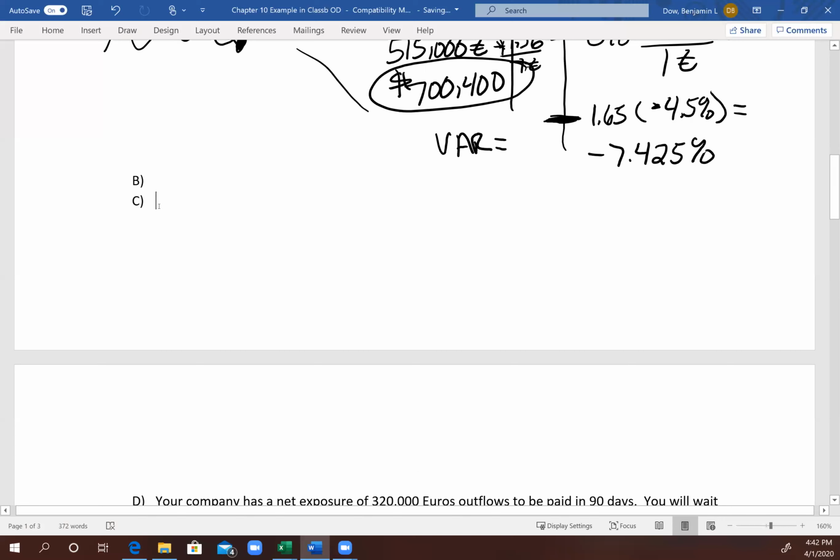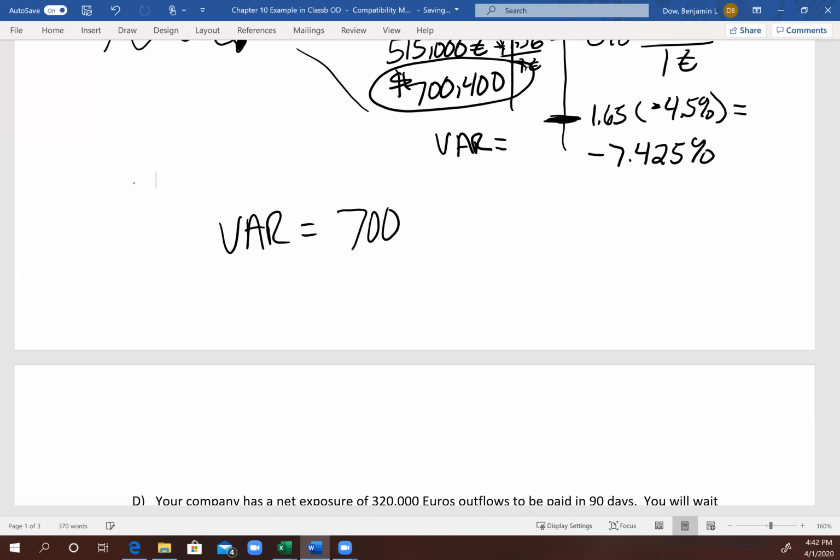The value at risk is that I expect 700,400 could drop by as much as 7.425% in the worst case scenario.